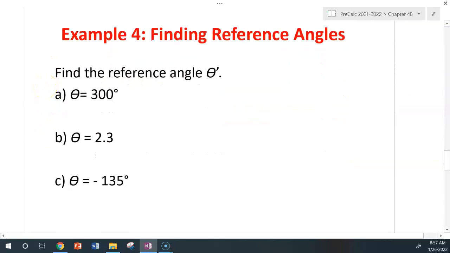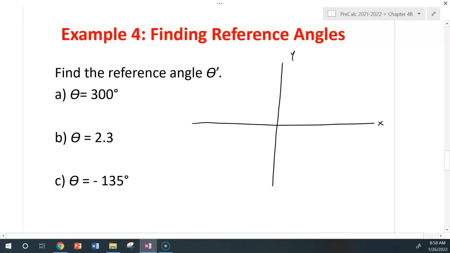All right, the next idea is to find the reference angle. And we're going to use the reference angles to evaluate trig functions if they don't appear on our unit circle. That can be helpful. So let's do some examples of that. First, I'm going to draw in the coordinate plane. Here's x, here's y.